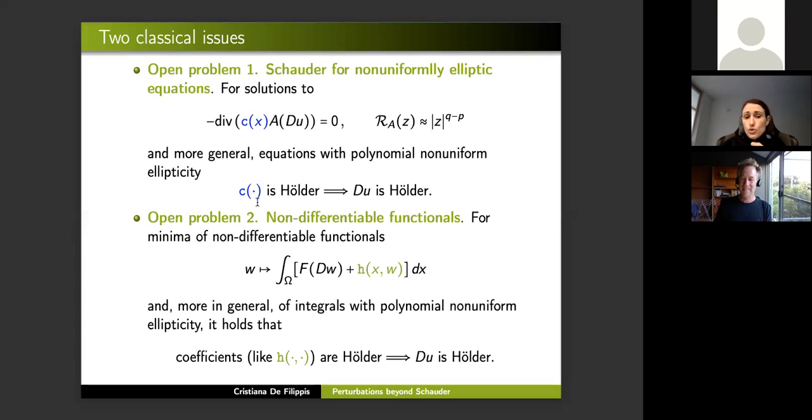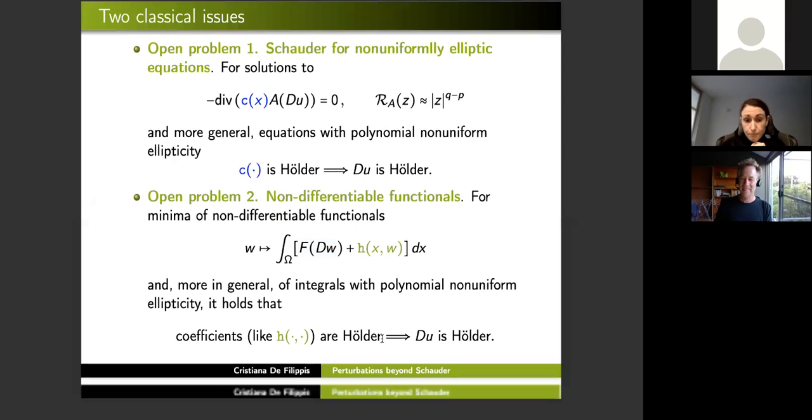Is it true that if c is Hölder, then the gradient is Hölder? Second open problem, same thing in the case of non-differentiable functionals. Is it true that if H is measurable in x and Hölder in w, then the gradient of minimizers to these variational integrals with F verifying p,q non-uniform ellipticity is Hölder continuous?